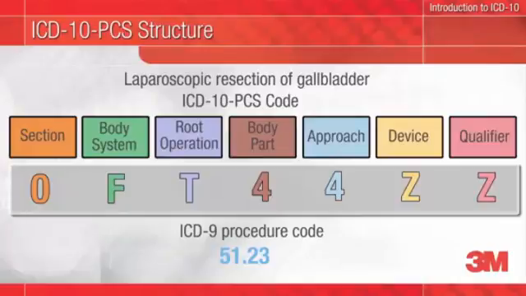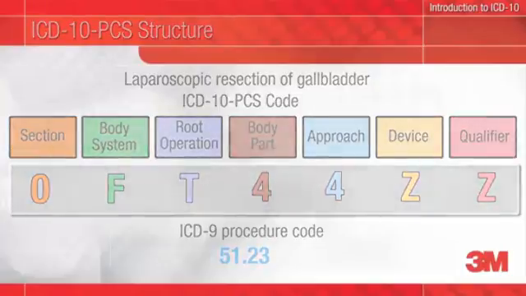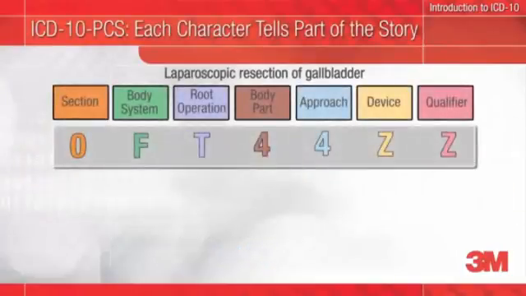The numbers 0 through 9 and all but 2 letters of the alphabet are used. The letters not used in a PCS code are O and I, in order to avoid confusion with the numbers 0 and 1. Each of the 7 characters of a PCS code represents an aspect of the surgical operation or procedure, and they all come together to tell the whole story.